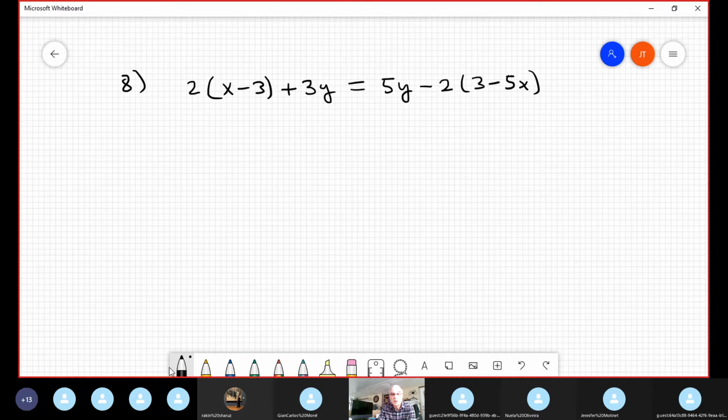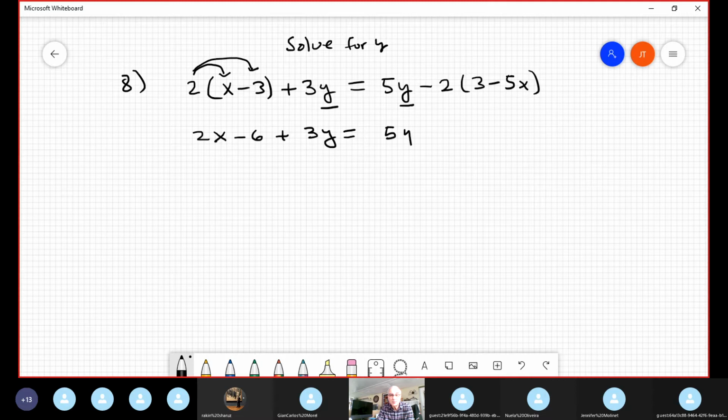First of all, remove the parentheses. 2x minus 6 plus 3y, just bring down. 5y, remove the parentheses again here. Minus 6 plus 10x.